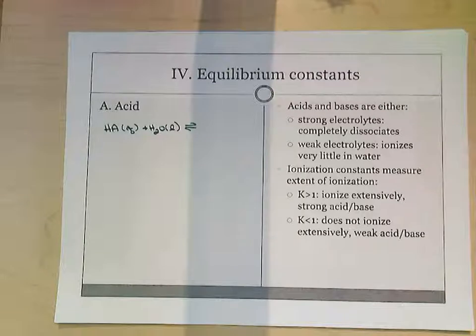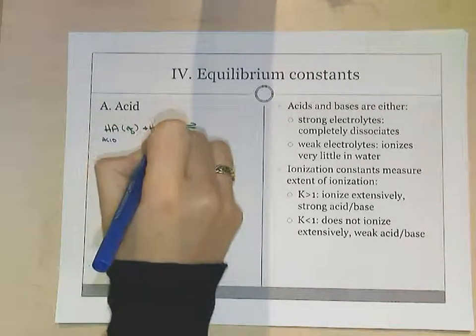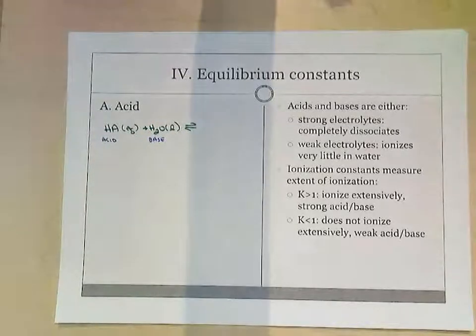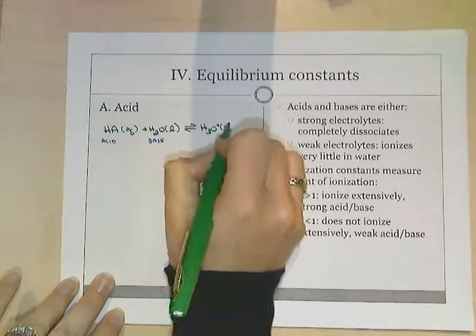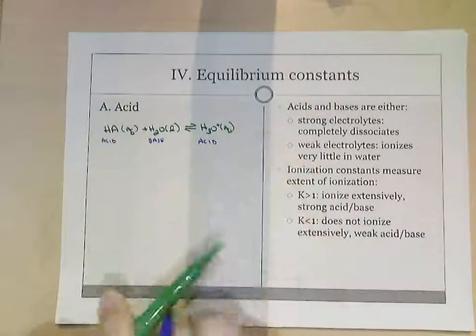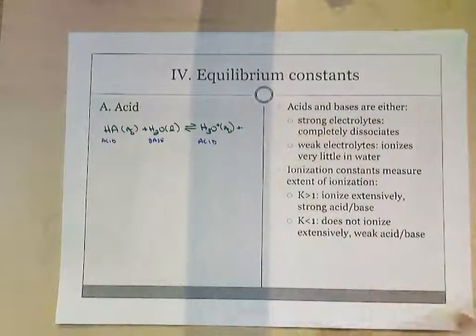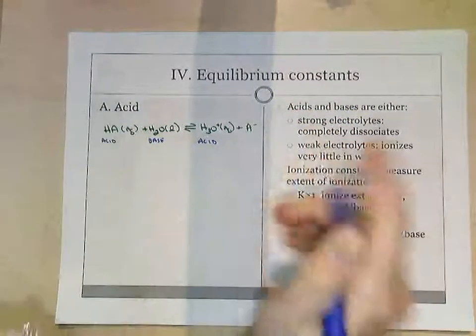All right, so if this is the acid, this is the base. What would be the acid on the product side? H3O plus. So then what is left to be my base? Right, A minus, which is the base.